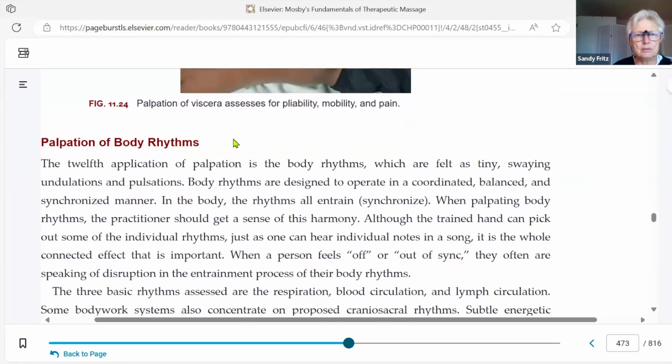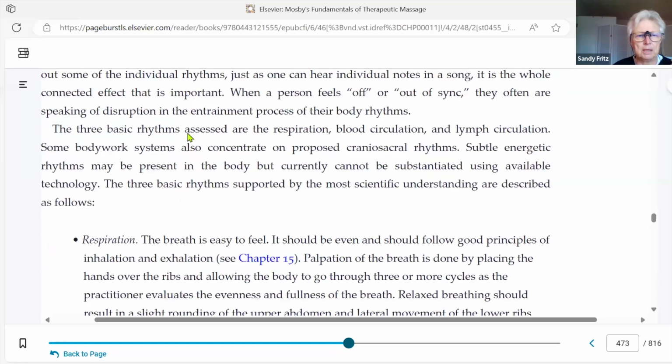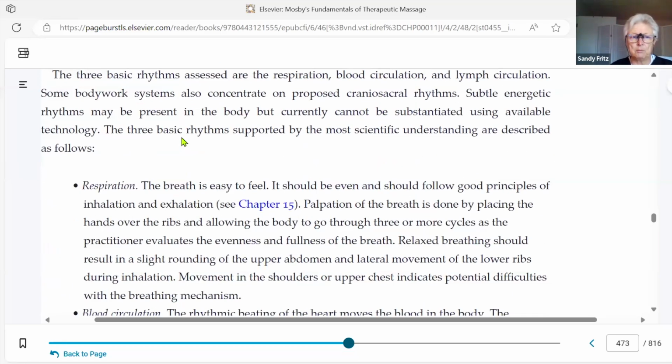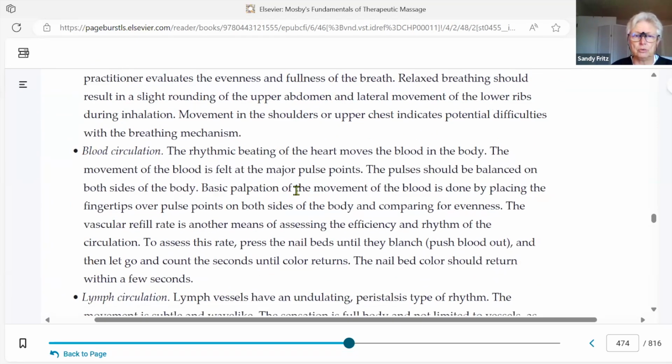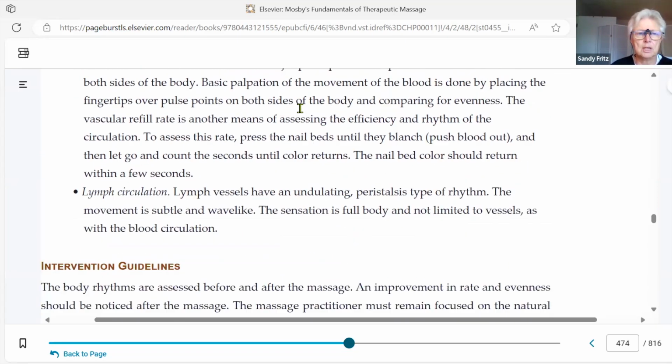And then we can get into the idea of rhythms. The one we pay most attention to is the respiratory rhythm, and whether we're discerning ease of breathing or if there is some distorted breathing function. We can palpate the pulses. We can do a nail bed and see what the vascular or capillary refill is.